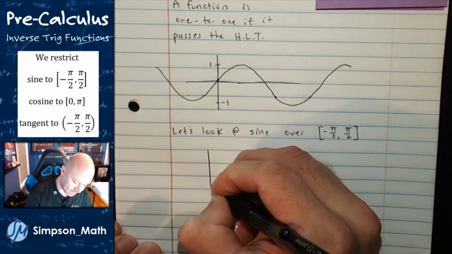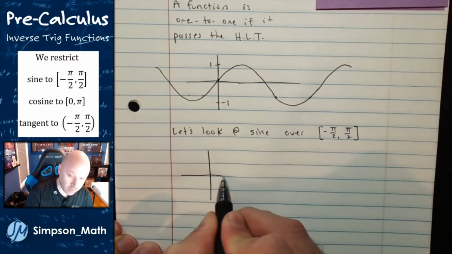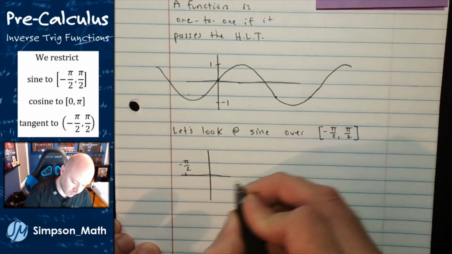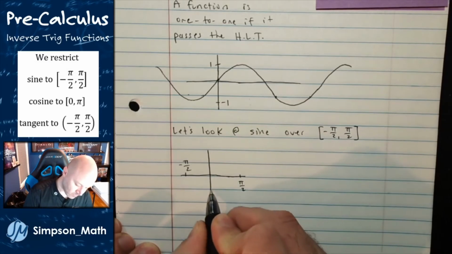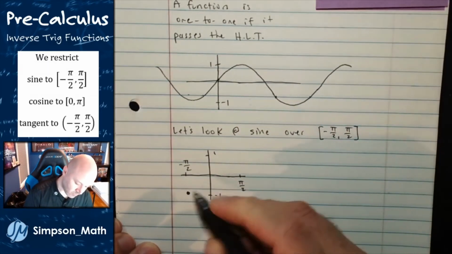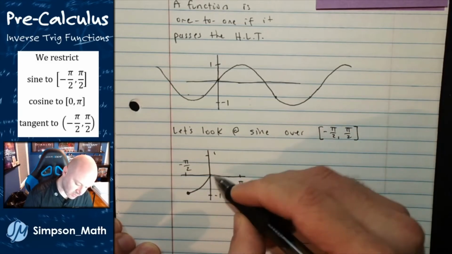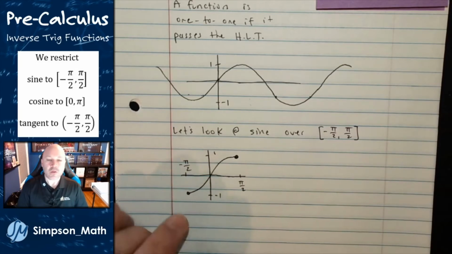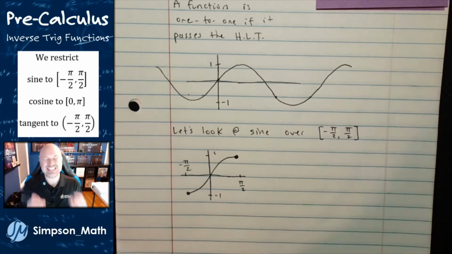If we do that, nice and curvaceous, something like this, then that slice, that piece of sine, we can do the swap.